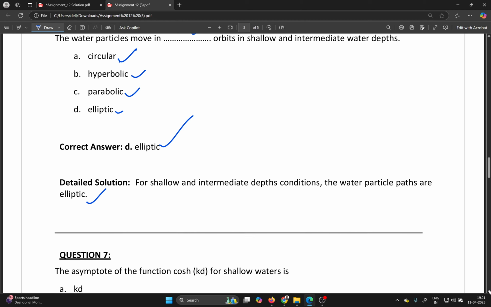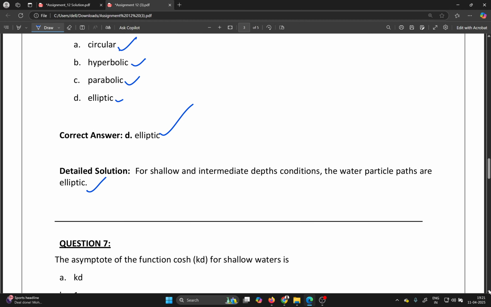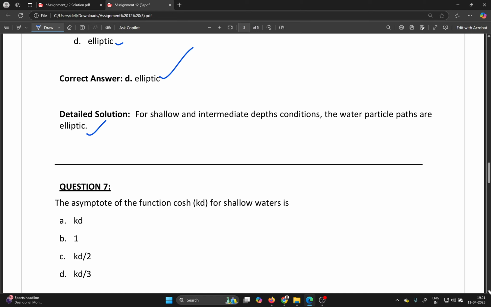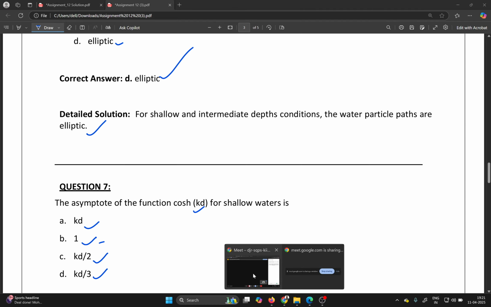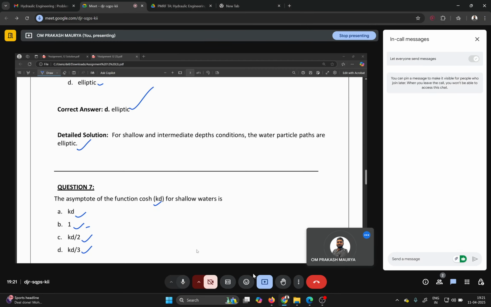Question number 7. The asymptote of the function cosh kd for shallow water is kd, 1, kd by 2, or kd by 3. Which option will be correct for question number 7? Just please think. Did anyone join or not?